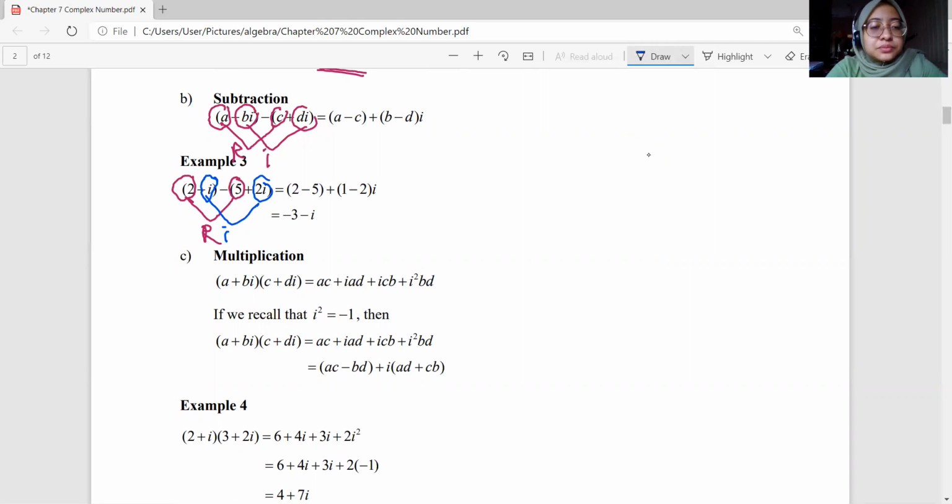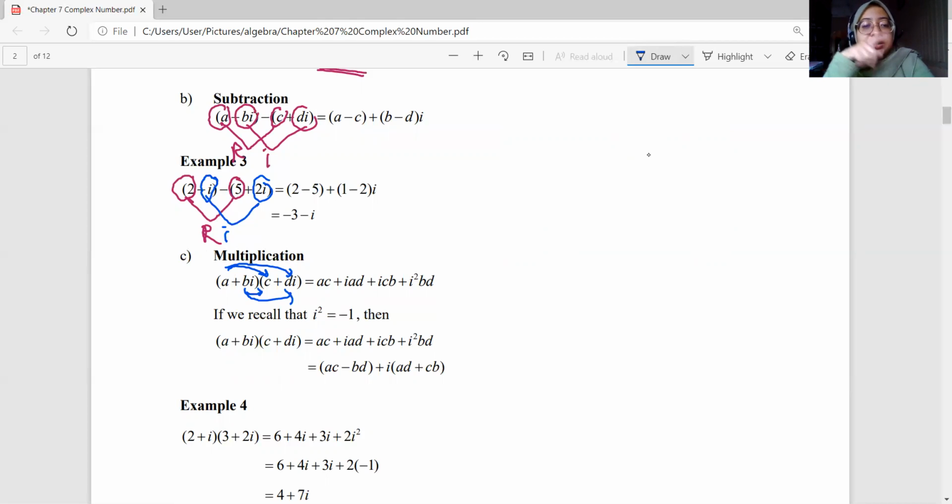And then multiplication. How do we multiply two complex numbers? We just expand the brackets as we normally do. It becomes A times C plus IAD plus ICB plus I square BD.